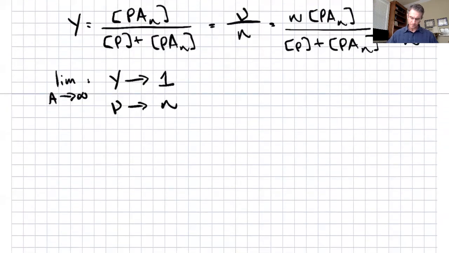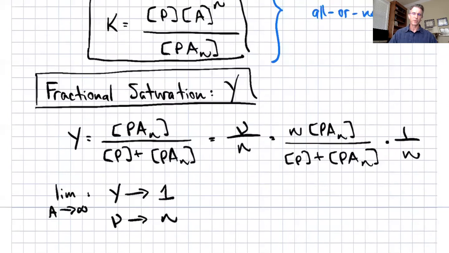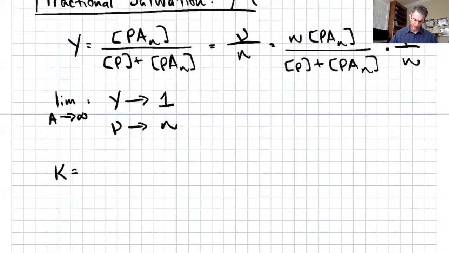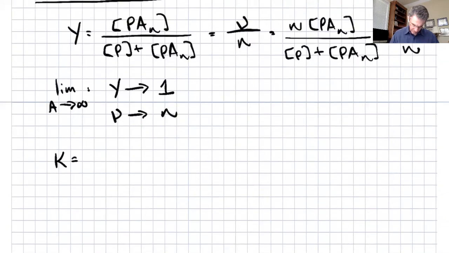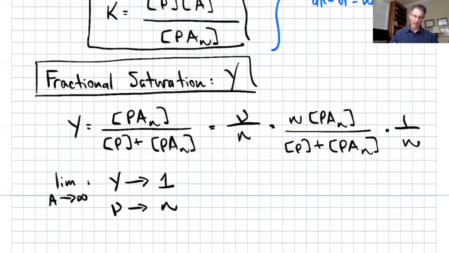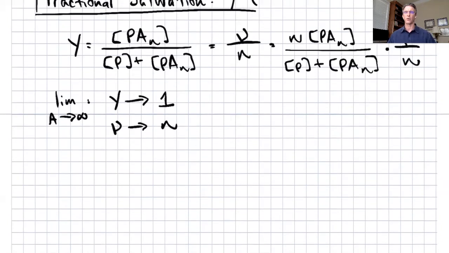And when we do that, what we find, of course, is that we can rearrange the binding constant definition. So let's say K. Now we're just going to rearrange this like we've done before. So we're going to solve it for the concentration of the fully liganded state, right? Because we want to use that to substitute into our fractional saturation, just like we did before.